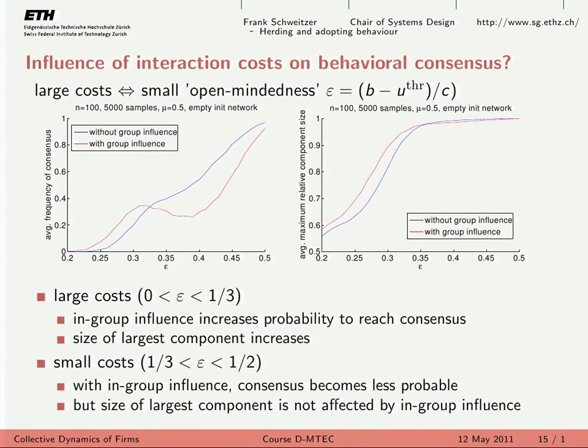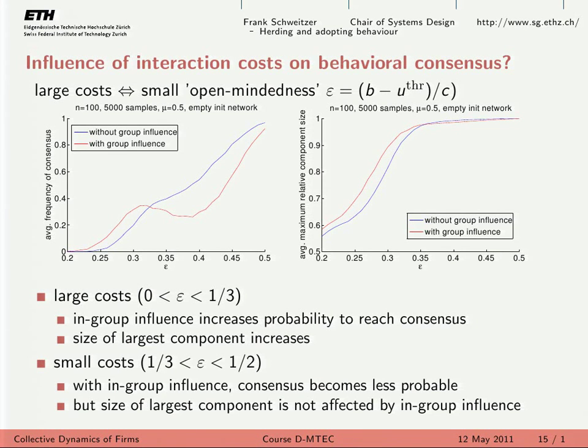Now you say, well, thanks to the in-group, we all talk to each other. We will always find a local culture that we wouldn't find without the social network, right? But this is essentially not really true. If you look here into the convergence towards a local culture, that means the frequency of reaching consensus.